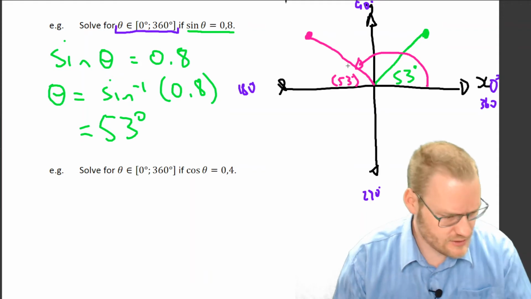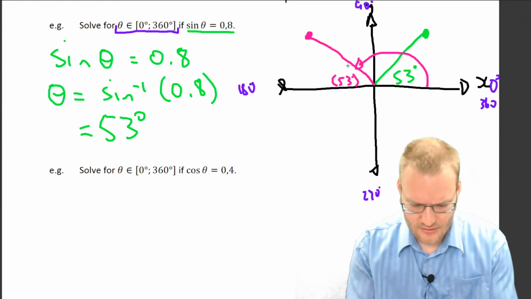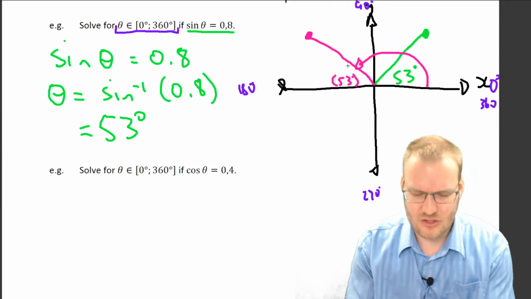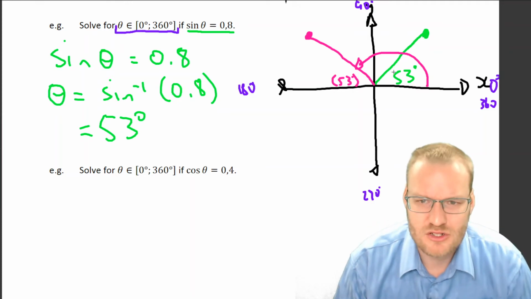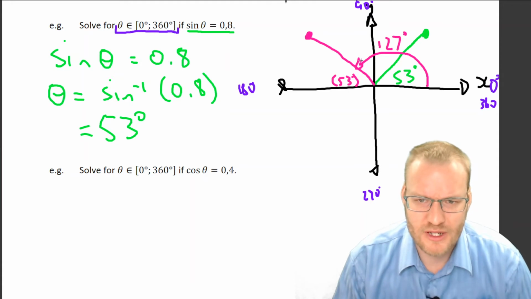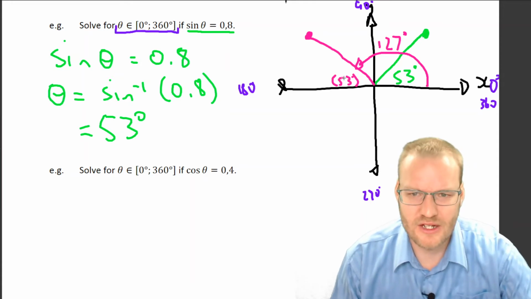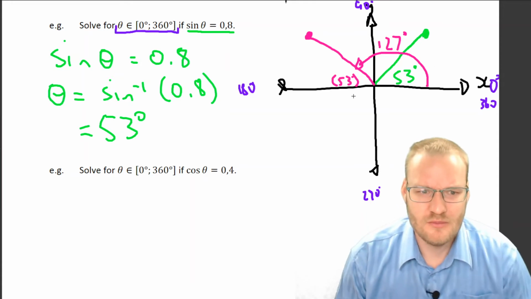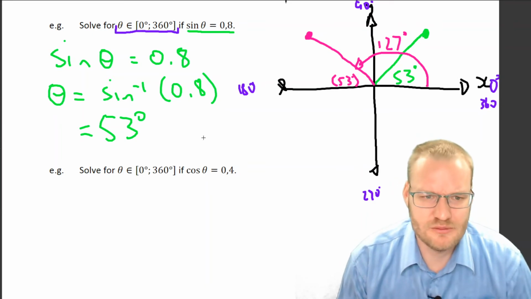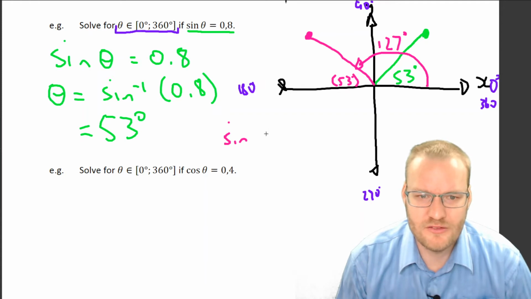So this bit must be 180 minus 53. So 127. Let's just check that that kind of makes sense. If that's 127, that's 53, they make 180. And what happens if I asked you now, what is sine of 127 degrees?